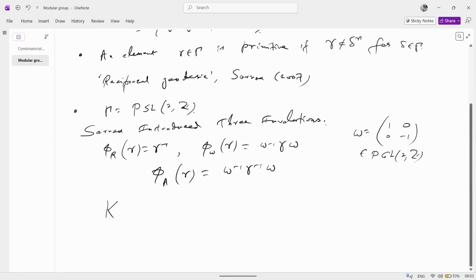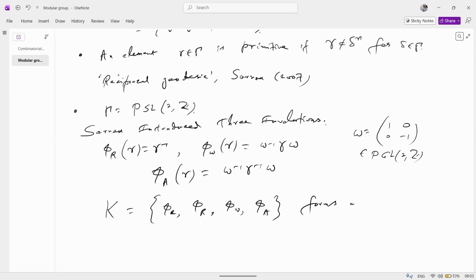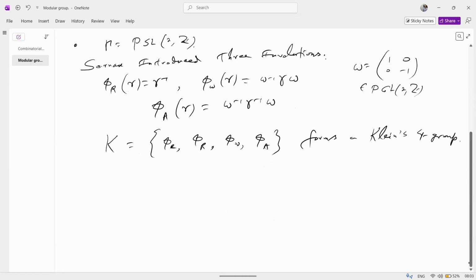But if you take this collection, identity, phi of R, phi of W, and phi of A, then they form a Klein 4 group. And the idea is to look at the action of this Klein 4 group on the set of all conjugacy classes.